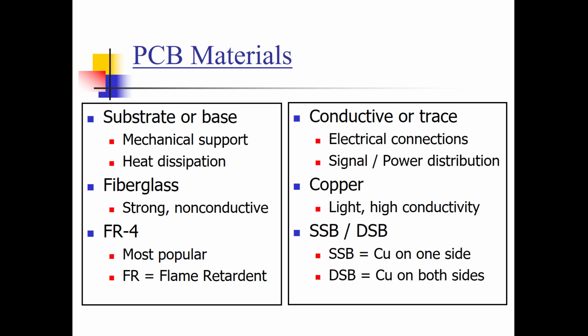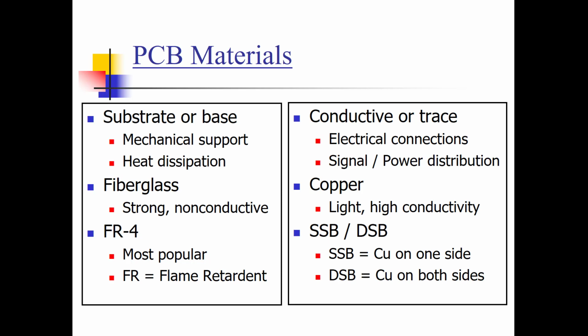Now, there is a specific application in microwave circuitry, which is at really high frequency, where they may have gold-plated traces. The reason for that you'll learn when you take your high frequency classes later on in the curriculum.